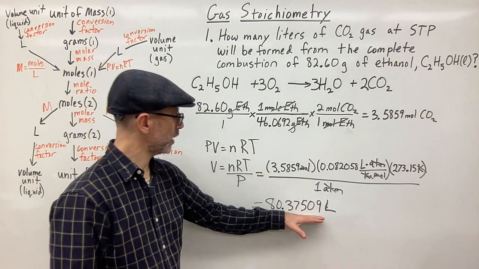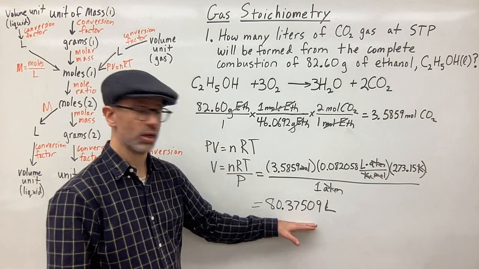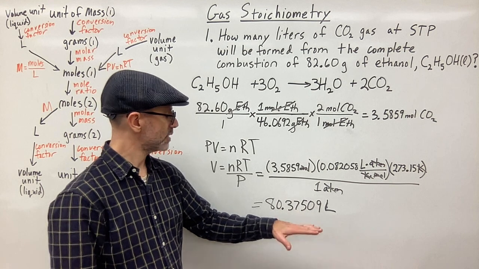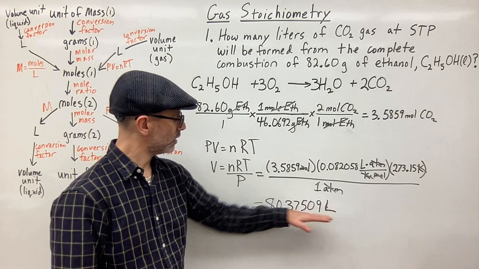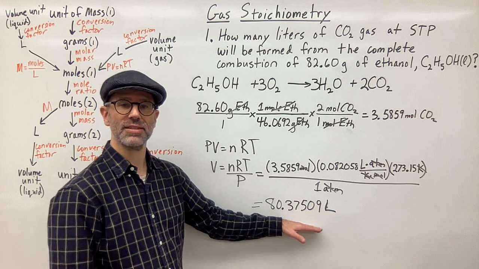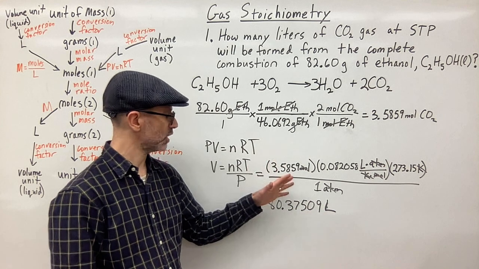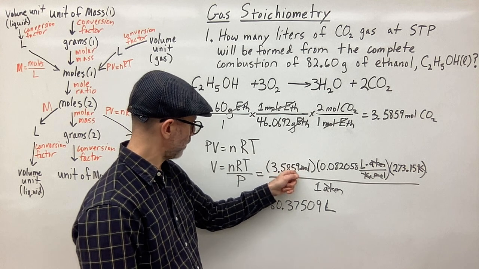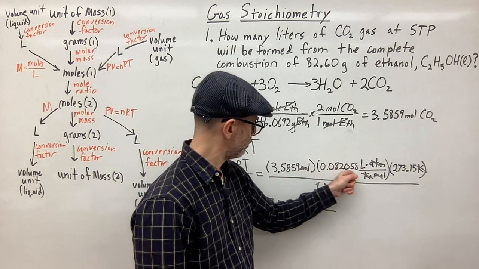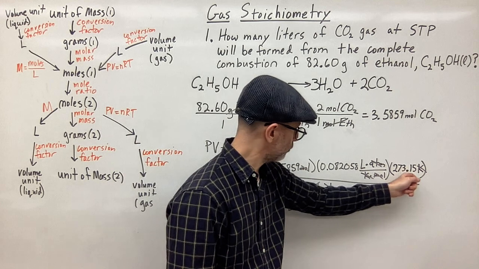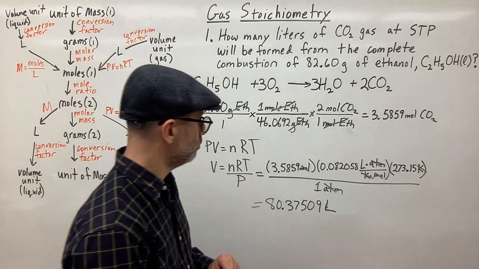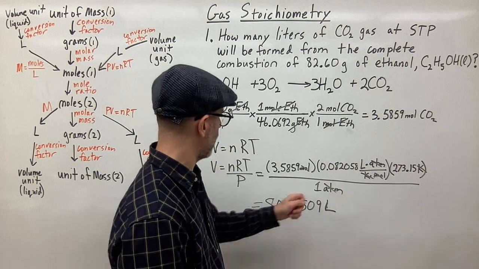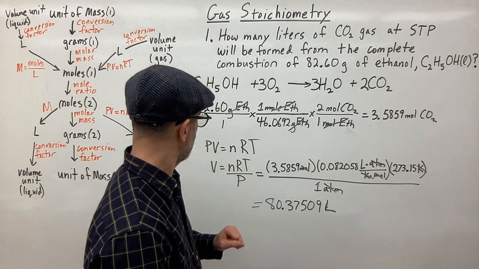Now for sig figs, again, according to the rule of multiplication and division, the sig figs in the answer should be the same as the measurement with the least number of sig figs. So here we have 5, here we have 5, and then we have 1 atmosphere.